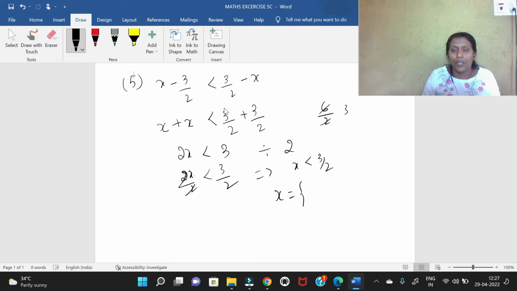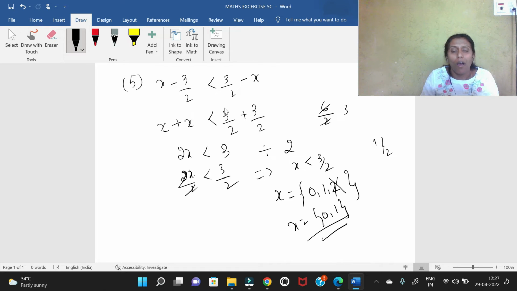The solution set should be 0, 1. That's it, not 2. Why? It is less than 3 by 2. What is 3 by 2? It is 1 and a half, which is a rational number. So the answer is x is equal to 0, 1.